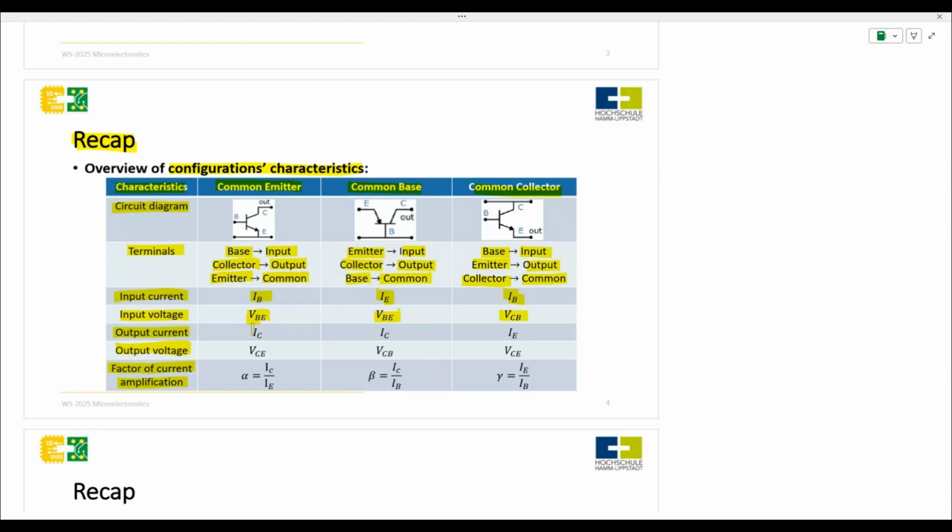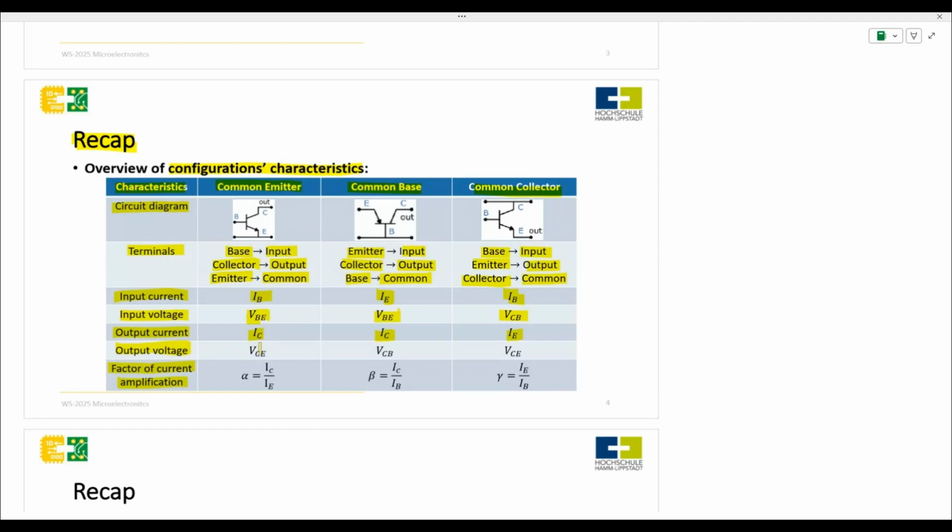About the output current, since the collector is the output in the common emitter, we have our IC, and the same for the common base. Since the output is the emitter in the common collector configuration, IE is the output current.